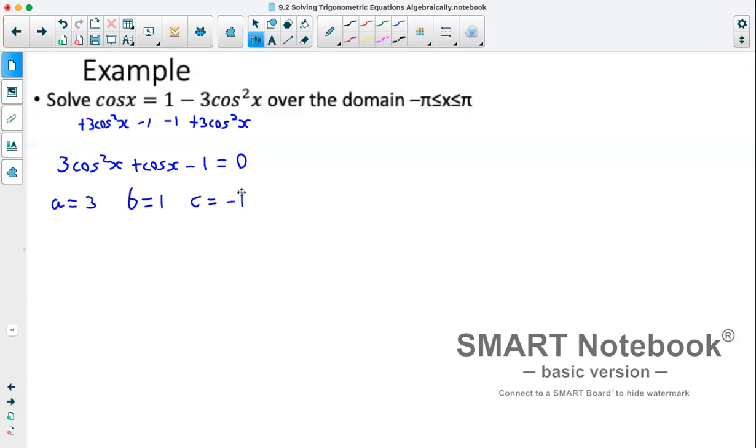Now, one difference from, say, Precalculus 11 when you were using your quadratic formula is we didn't have a cos or a trig function there, so it was x is equal to your quadratic formula. In this case, because we have cos x, it's going to be cos x is equal to, and then our quadratic formula.